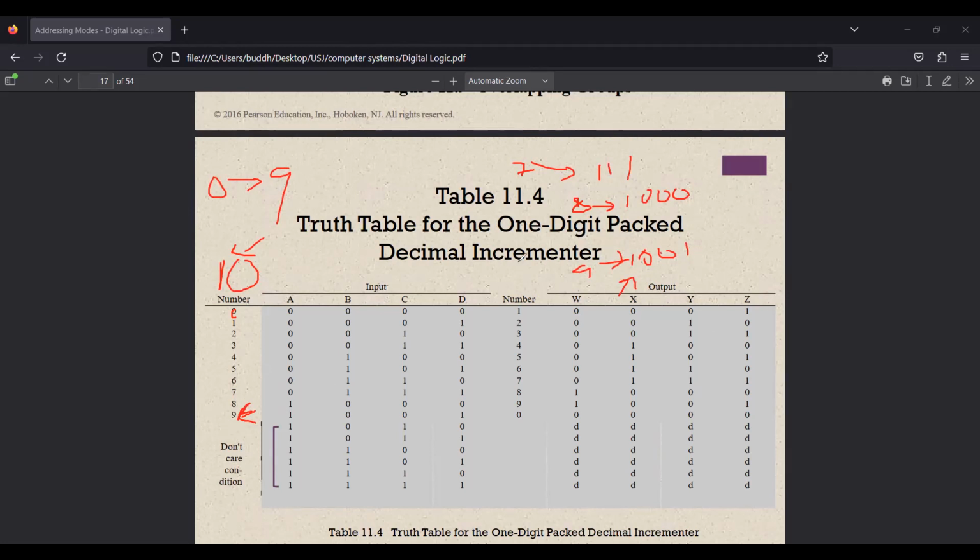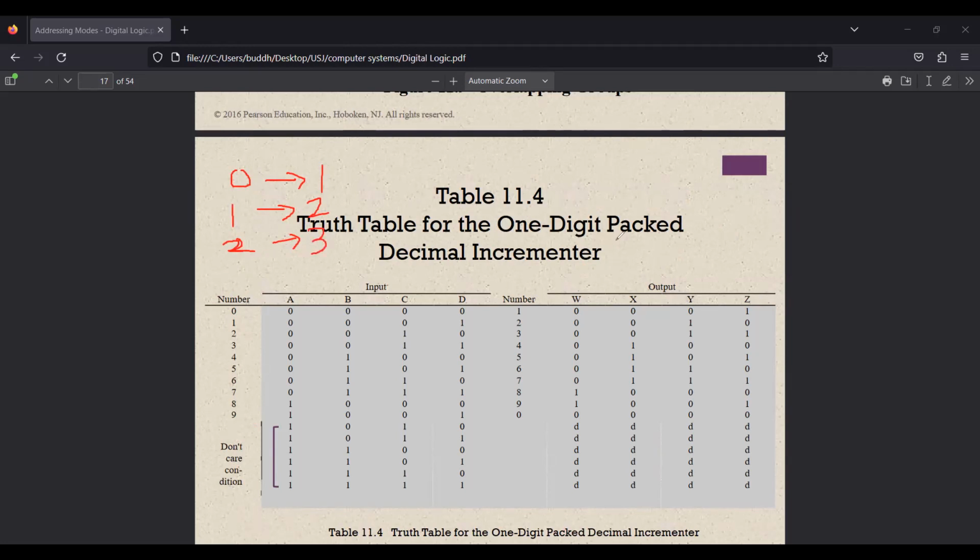So what happens in decimal increment is, if we have number 0, the output should be number 1, right? If we have number 1, the output should represent number 2. If we input number 2, the output should give number 3.